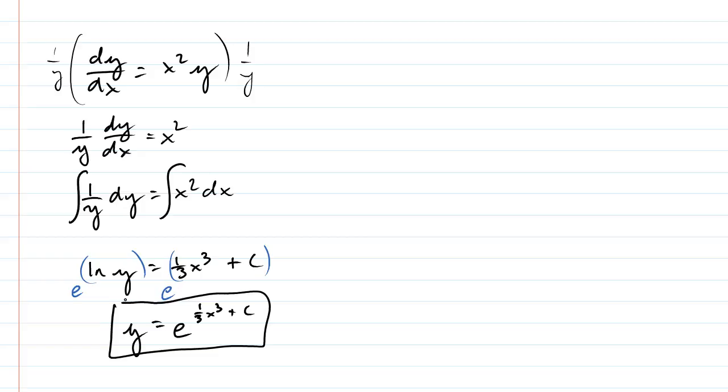Now the second part would be they will give you an initial value, say of (0, 2). So once you have this, how do you find the c value using that point? You should pause the video and give that a try.